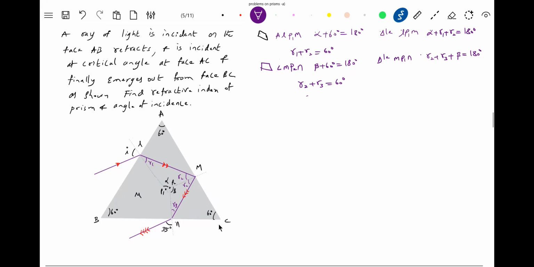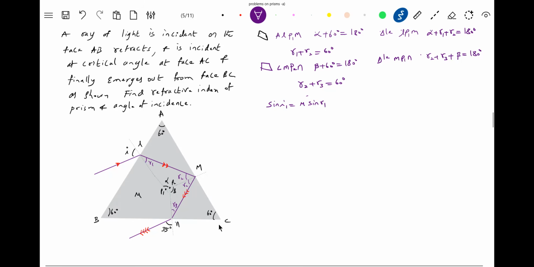Okay, now we have this relationship. Now find the refractive index of the prism; the ray emerges out from the face BC. So here it will undergo refraction. Let's write the equation: sine I1 equals mu sine R1.